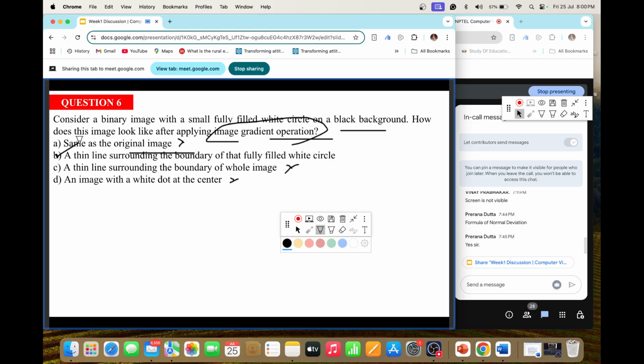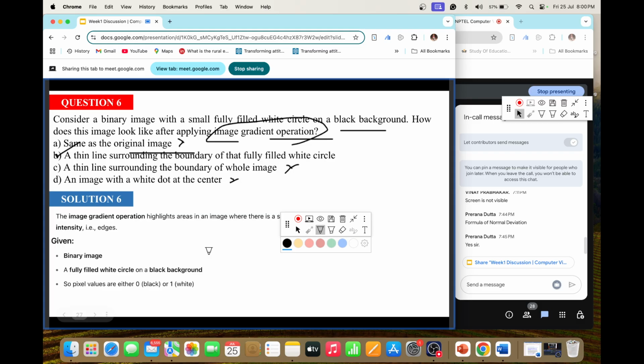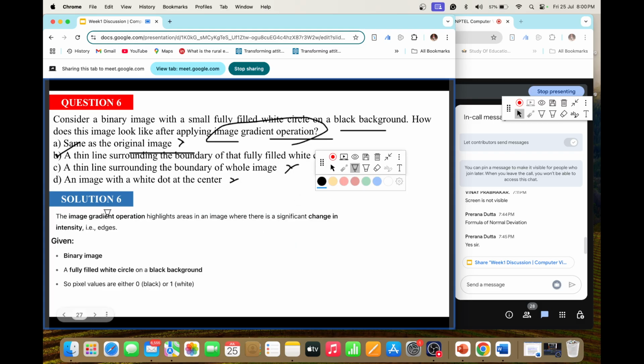Let me summarize this. Image gradient means we are finding where there is a significant change in intensity. Given a binary image, a fully filled white circle on a black background, the pixel values are 0 and 255, 255 for white.